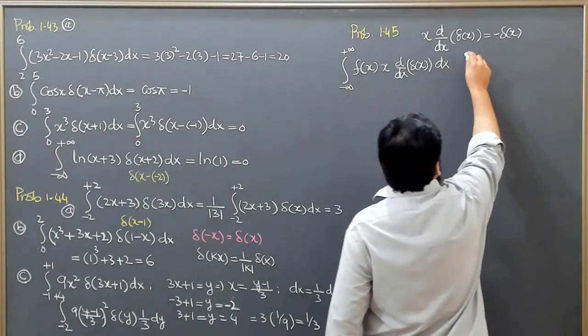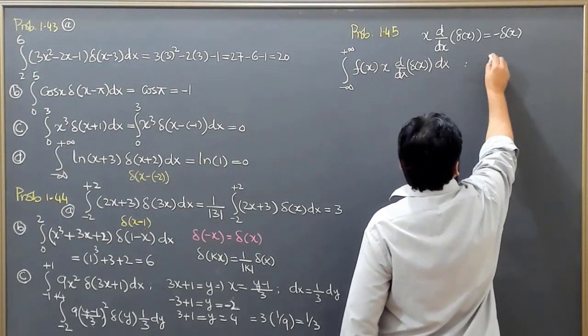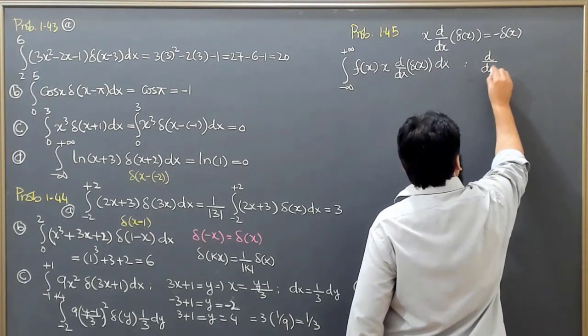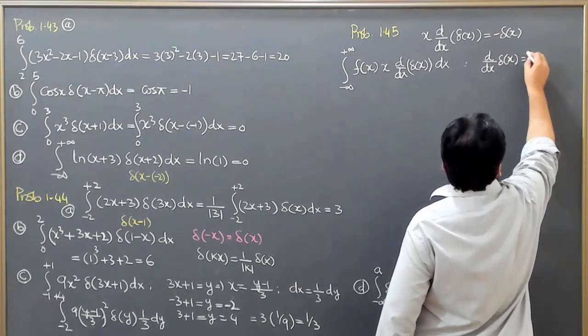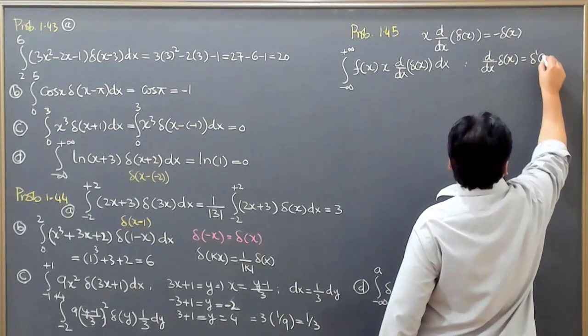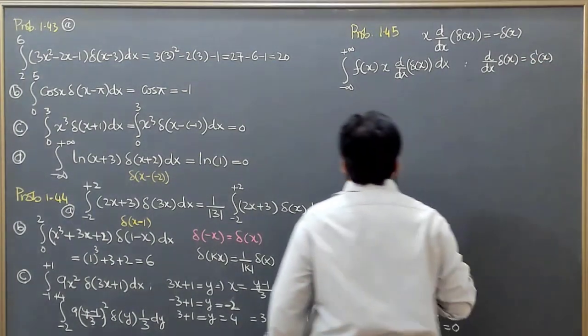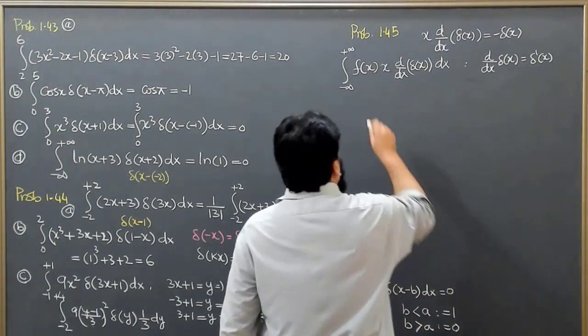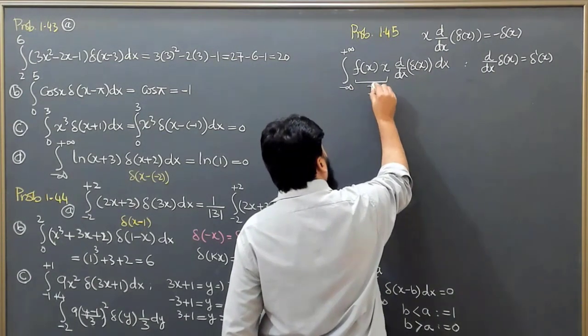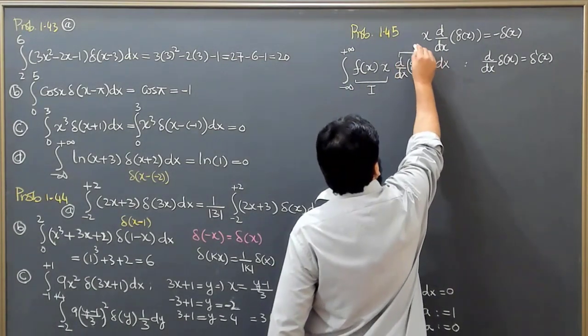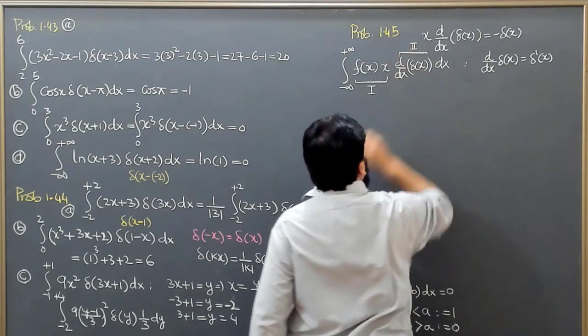The d over dx of delta x is delta prime x, so it will be easy. Now let's say I select this one as my first function and this as my second function.